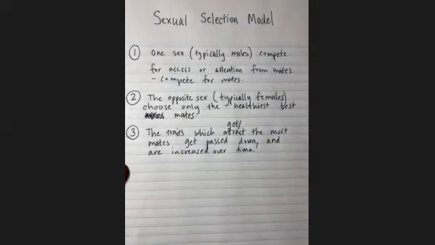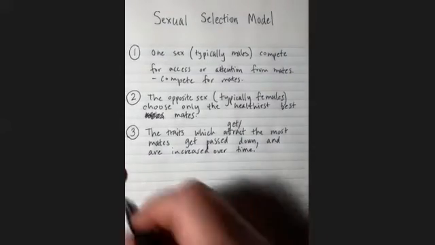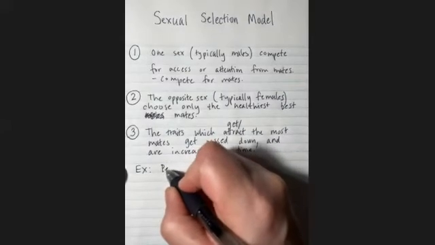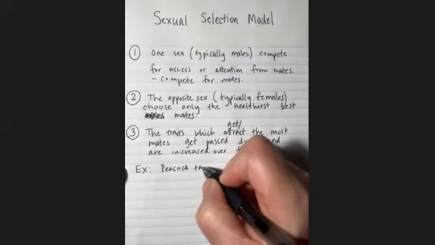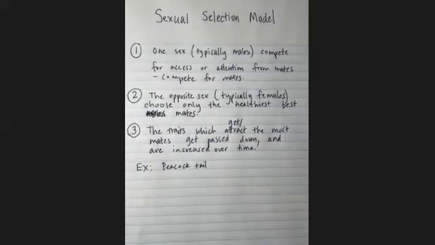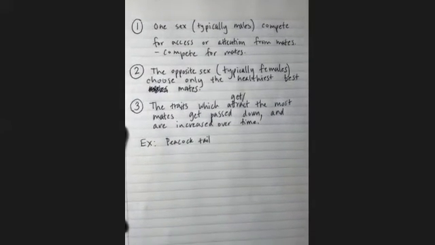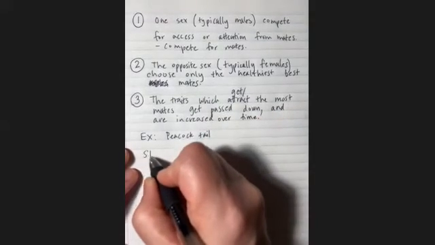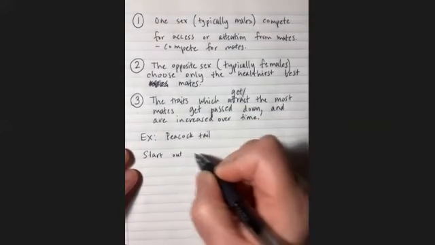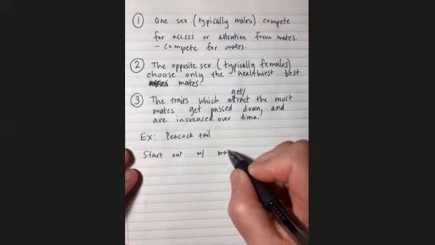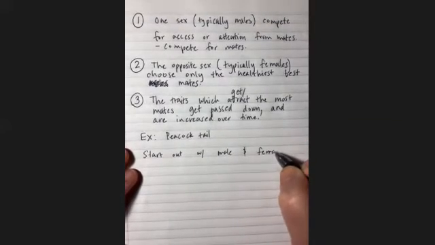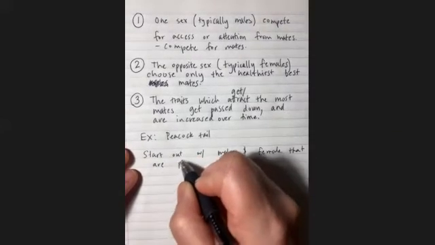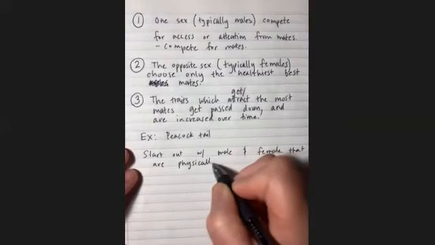So we could imagine an example like a peacock. So, peacock tail example. We can imagine that we start out with a male and female that are physically similar, sometime in the distant past.